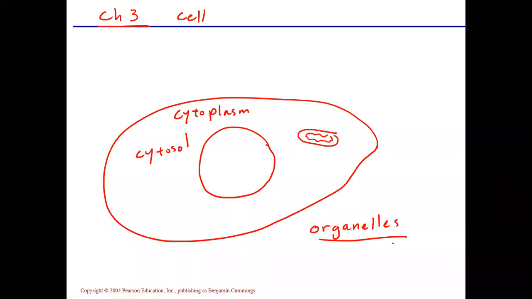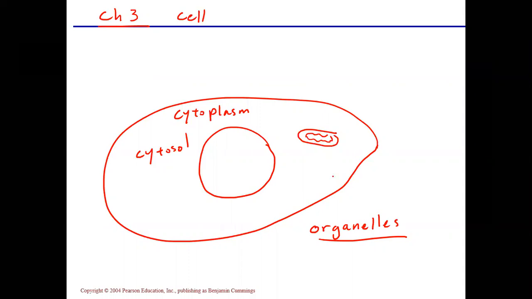It's kind of like thinking of the cell as a complicated biopharmaceutical company, which has different departments. It has a shipping and receiving department, a marketing department, an accounting department, a research and development department.